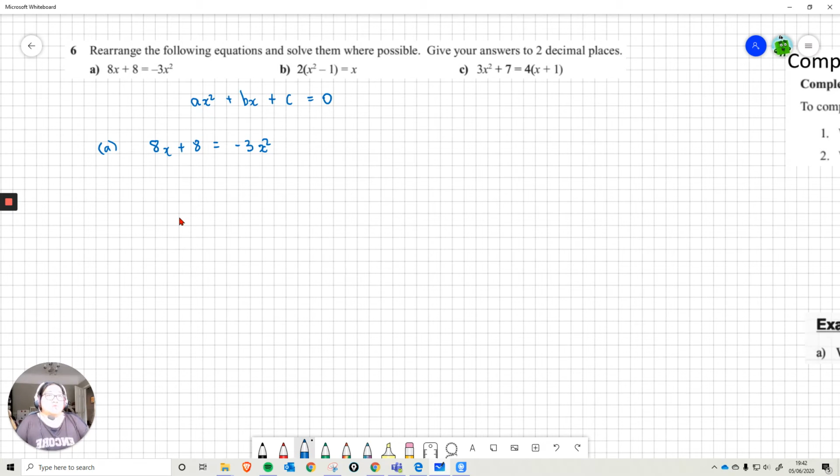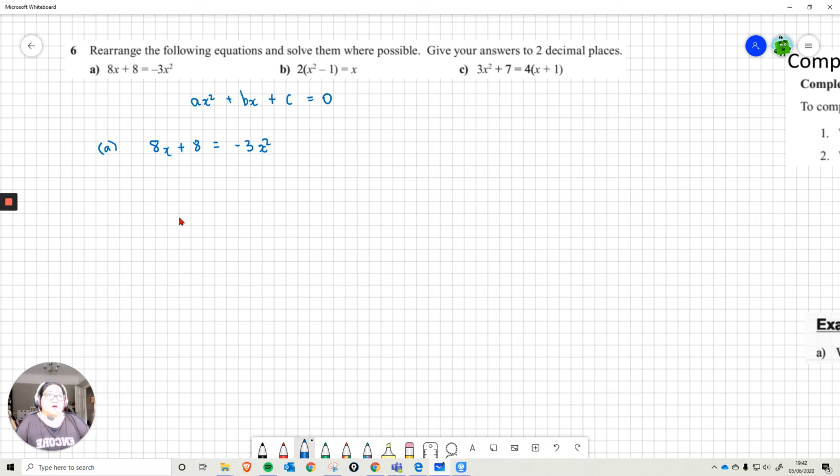Or you can get rid of the 8x plus 8 and make the left hand side 0 and shift everything over. Especially for quadratic formula, it is totally okay for the a value to be minus 3 because you're simply substituting. But it is a lot easier if you're factorizing to have it as a positive rather than a negative.